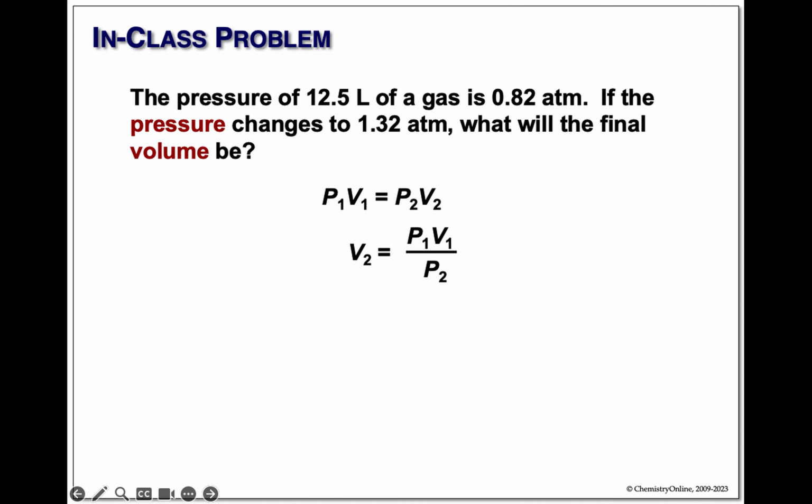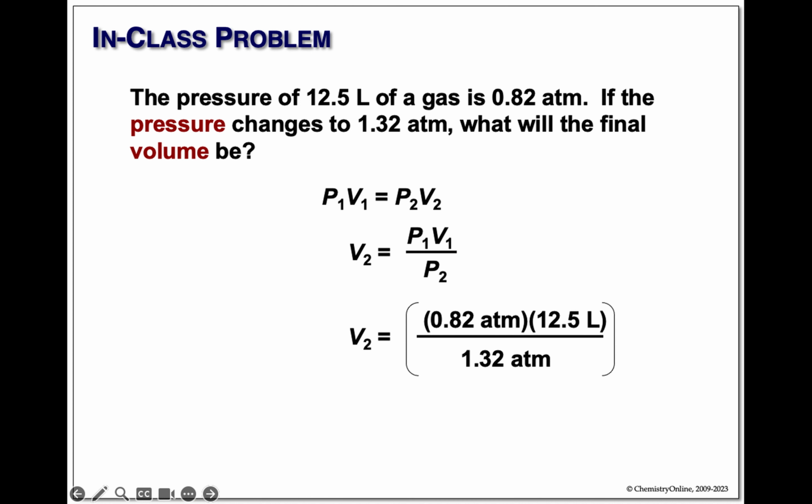So, take this and substitute in. This is P1, this is V1, this is P2. Atmospheres will cancel. 0.82 times 12.5 divided by 1.32. We're at 7.8 liters. Our first Boyle's Law problem. Isn't that something? Any questions?